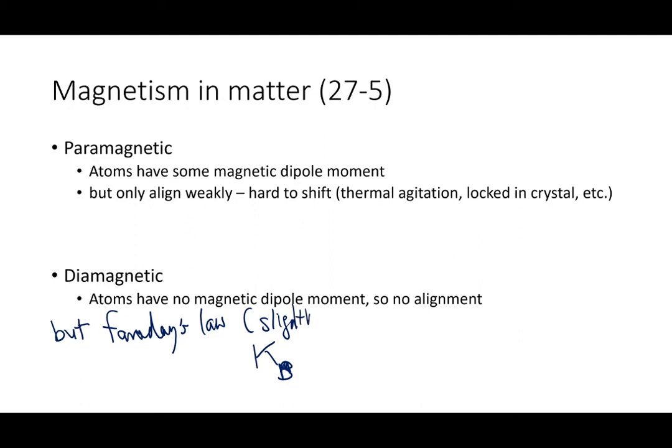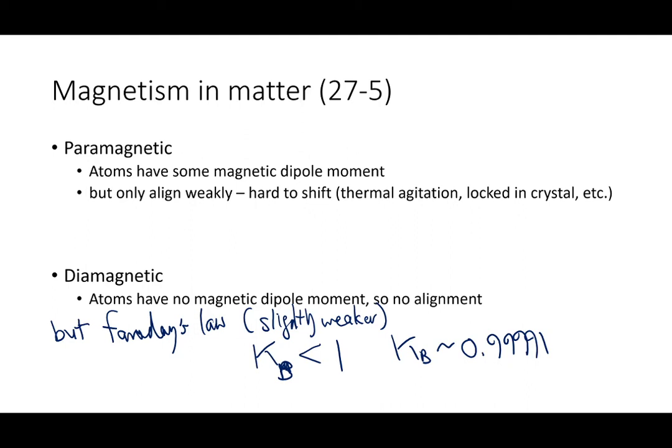So in fact, in diamagnetic material, the kappa B is less than 1. Now, again, it's also pretty weak, so we're talking about 0.99991 or something like that. Very, very slight.